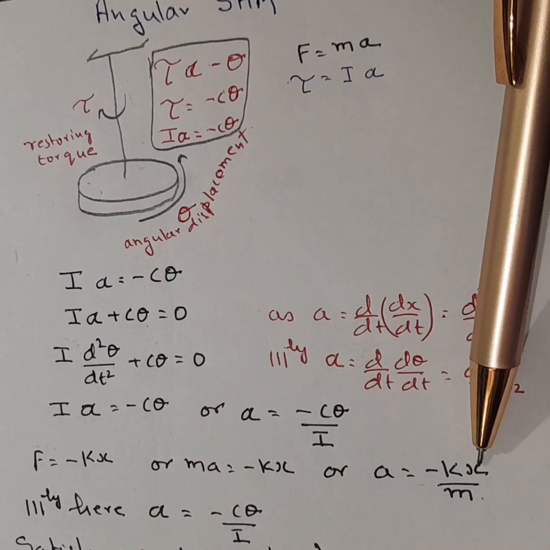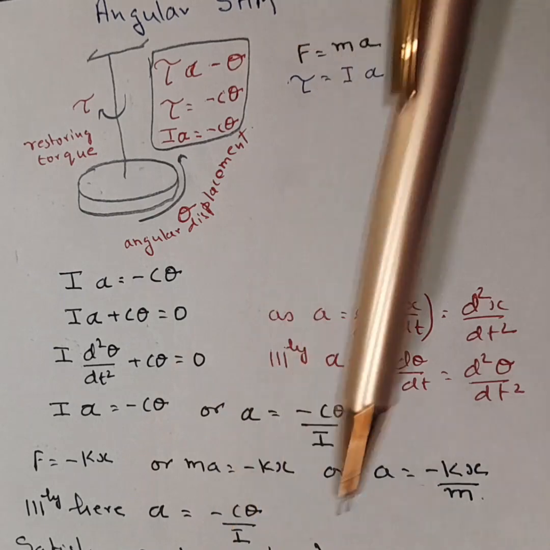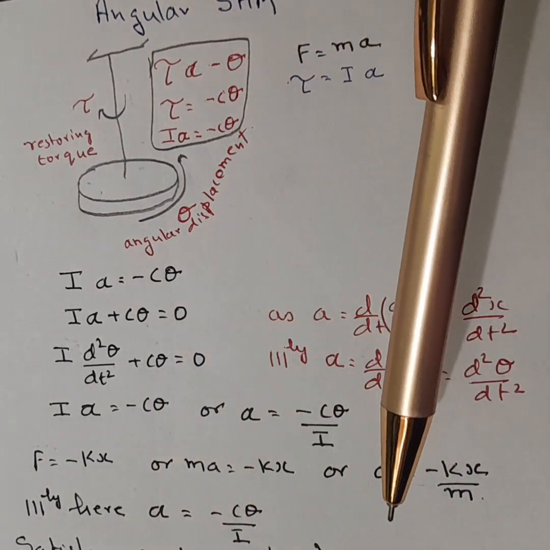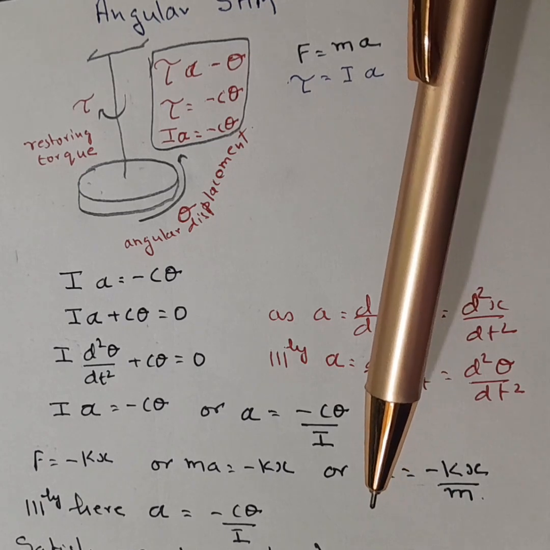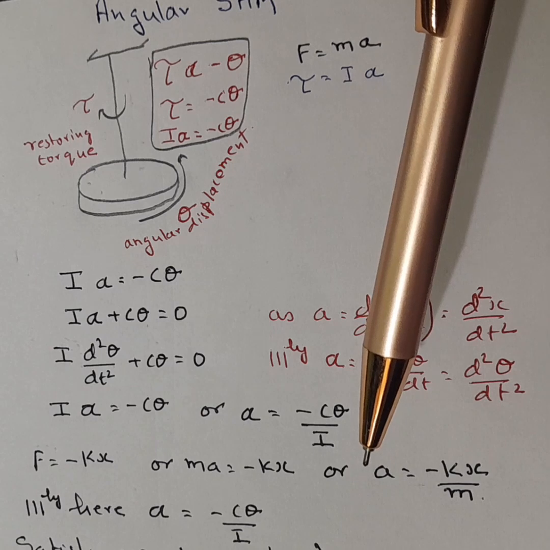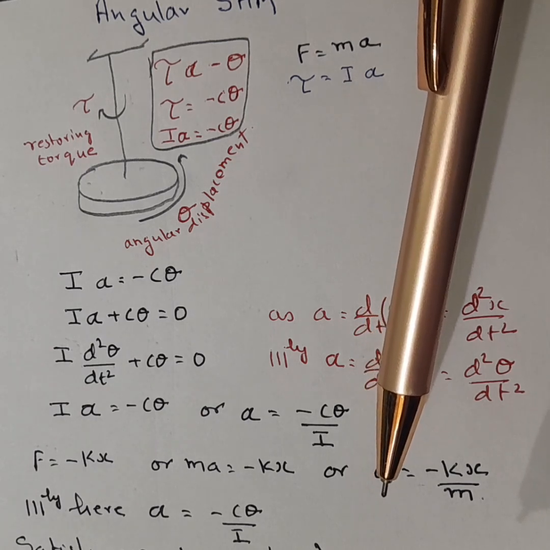Instead of linear displacement, we have angular displacement over here. So it's analogous. See how easy it becomes if you compare it with linear motion. I would request you that whenever you are doing angular stuff, correlate it with linear stuff, so it becomes easy for you to understand and to carry forward.